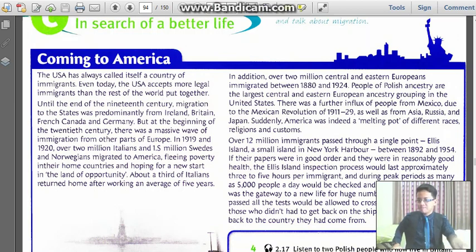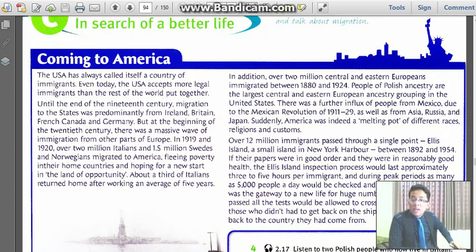Welcome to America. The USA has always called itself a country of immigrants. Even today, the USA accepts more legal immigrants than the rest of the world put together. Until the end of the 19th century, migration to the States was predominantly from Ireland, Britain, France, Canada, and Germany.